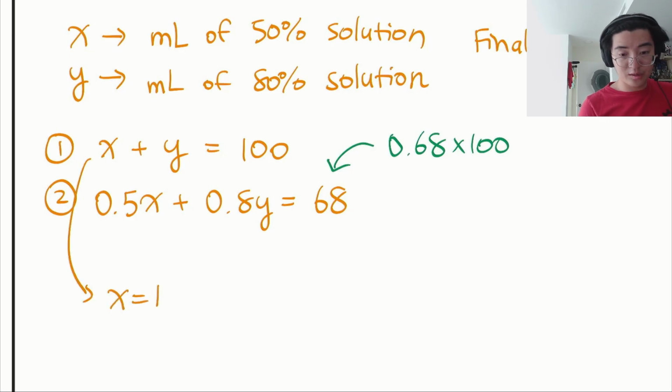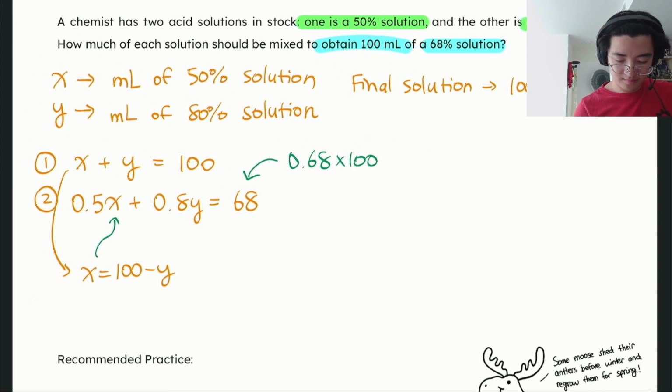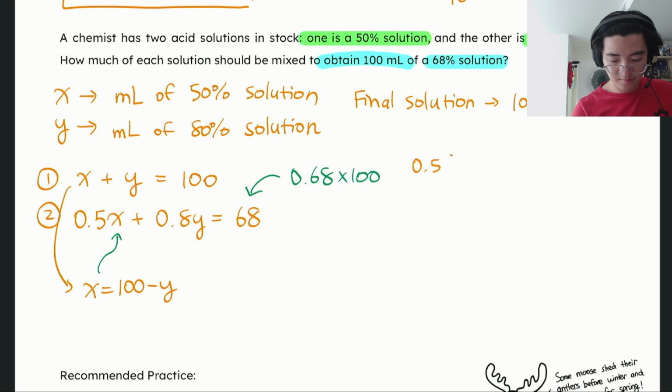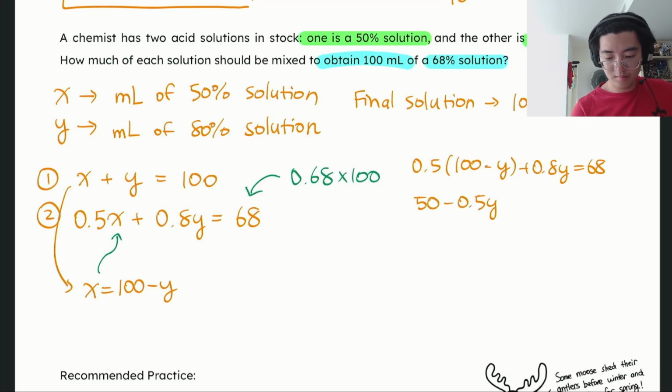We can scooch the y onto the other side, and then plug this x back into here. Okay, expand. Move the constant to the other side, combine like terms.